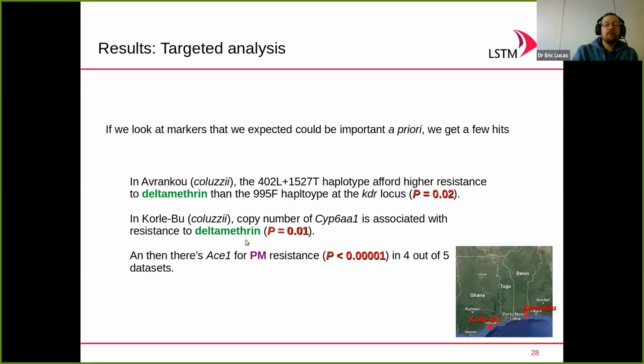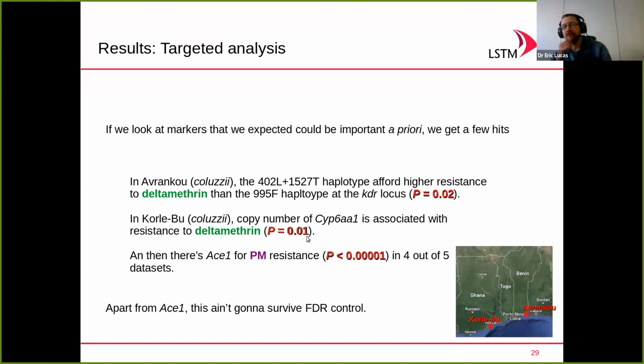And then for the point mutations, essentially what we found was that ACE1 was extremely significantly associated with resistance in 4 out of 5 of our data sets, and that didn't really come as a surprise. But the thing to note about these p-values is that apart from ACE1, where we're getting very small p-values, these other p-values would not survive false discovery rate control.